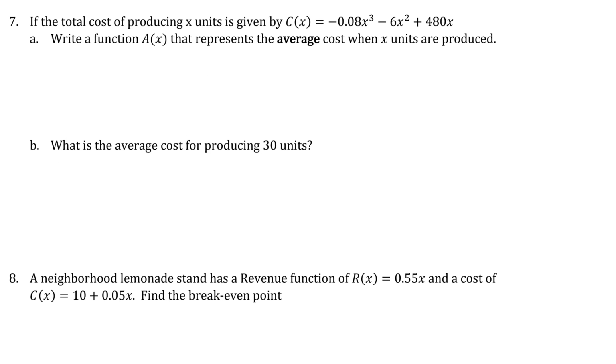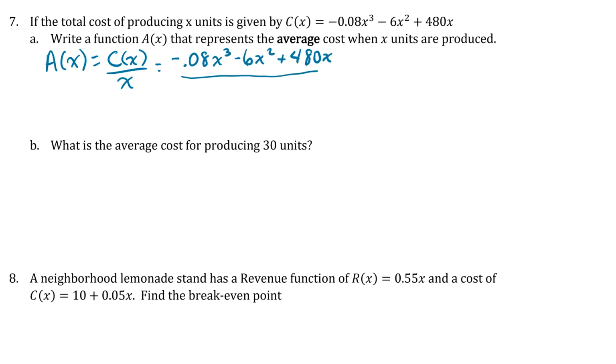All right, number 7. If the total cost of producing x units is given by c of x equals negative 0.08x cubed minus 6x squared plus 480x, then for part A, we're going to write that average function again, the average cost when x units are produced. So again, a of x is equal to c of x divided by x, which in our case is negative 0.08x cubed minus 6x squared plus 480x, all divided by x.